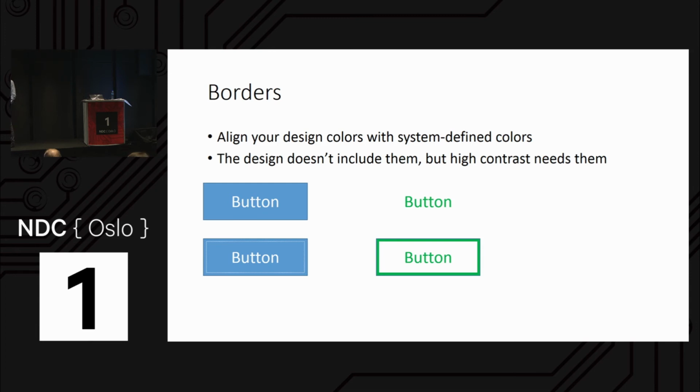And that's basically why you want to stick with the enumerated system colors that you have on all platforms. So there is a color that says this is the button border color. Use that one, and you can map it to whatever else you like in your designer's design, but make sure it goes back to what it should be when it's high contrast.